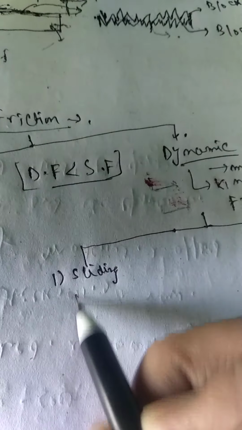Sliding friction comes into play when a body slides over another body. In the example I have shown, suppose this is a body and it moves in this direction, so it slides over this body. So this is sliding friction. It can slide in this direction.